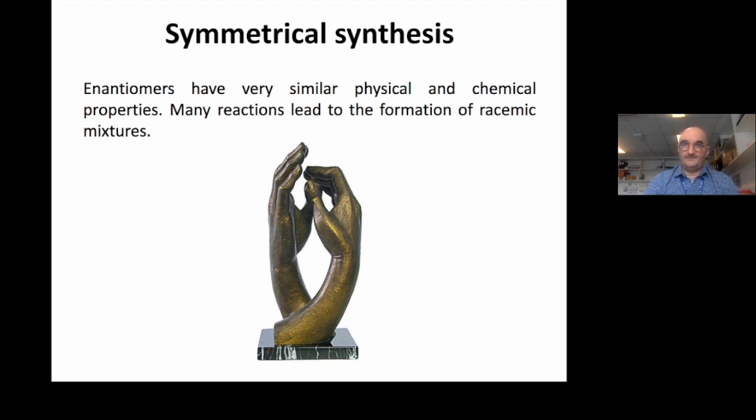To make them, you need to have an asymmetric synthesis. If you are a pharmaceutical company synthesizing pharmaceuticals, you need to be keenly aware of which enantiomer you are making.